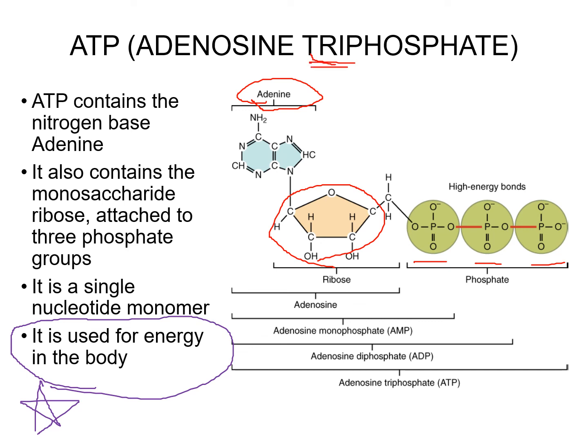So here is what is very cool, unique about this molecule. Take a look at these 3 phosphate groups. These O's right here, they have a negative charge to them, and in between these bonds, these red lines holding them, there are also negative charges. Well, let's keep it simple. Let's just say the phosphate group in itself, this whole green thing, is negatively charged.